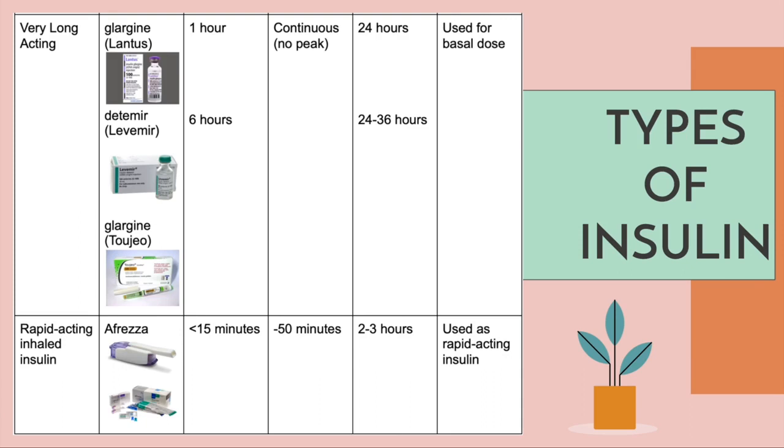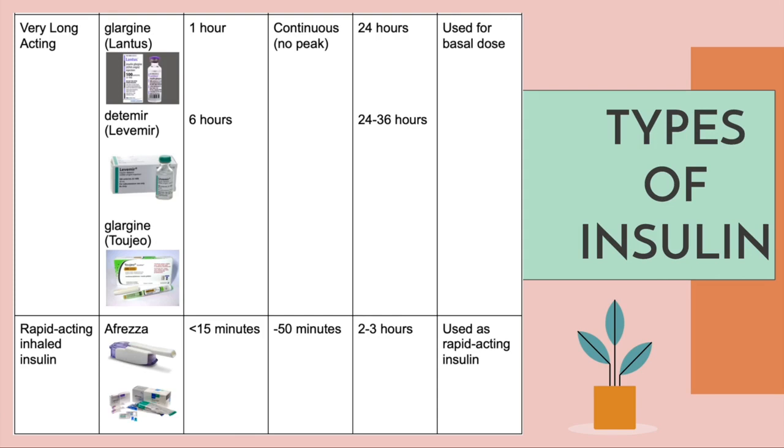For Levemir, the onset is 6 hours, still continuous or no peak, and the duration is 24 to 36 hours. Very long-acting insulins are used for basal dose.